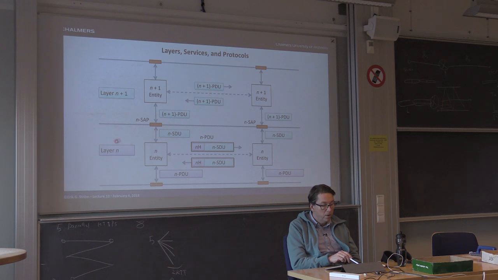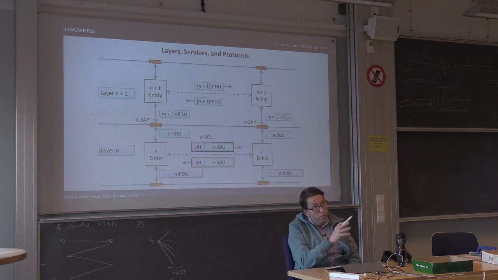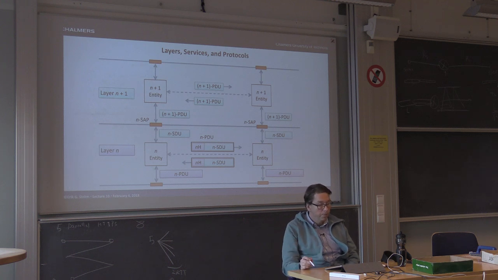So the entity at layer n takes the service data unit that it gets from above, sticks that into one of its own protocol data units, and adds some control information to that, and then transmits this in a virtual fashion back and forth between this protocol entity and its friend on the other side. Of course, this is also virtual, so actually this protocol data unit goes down here until it hits the physical layer, and then actually physical transmission of these bits takes place.